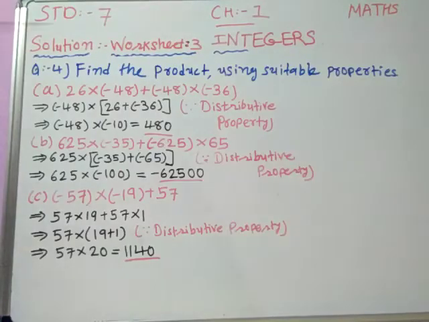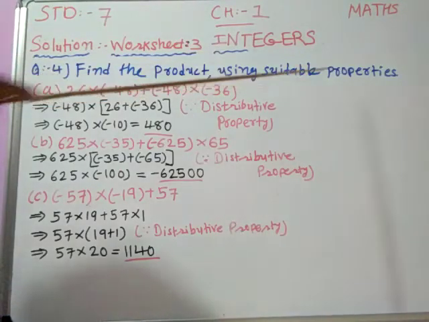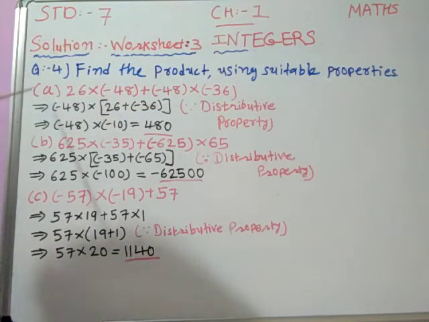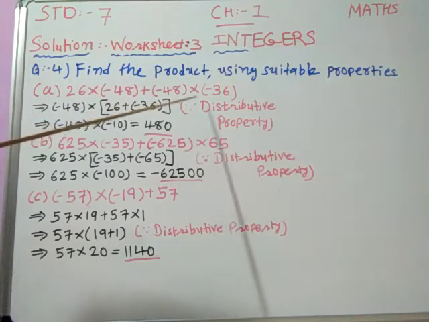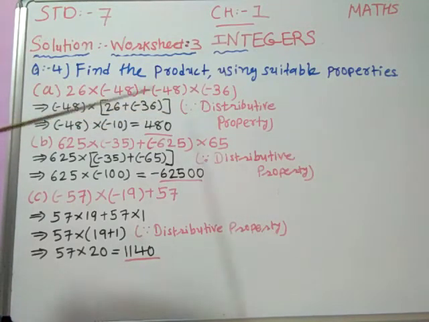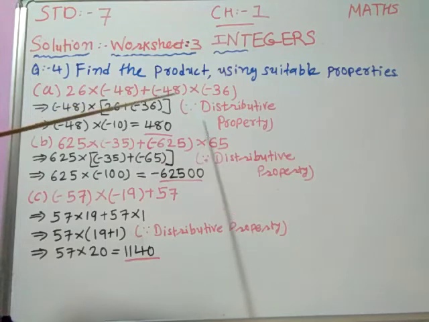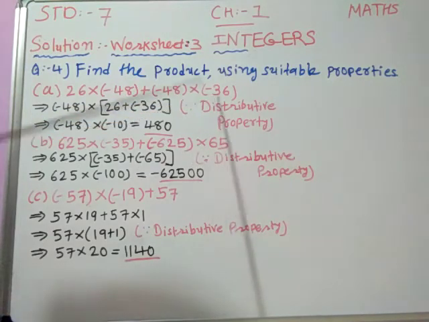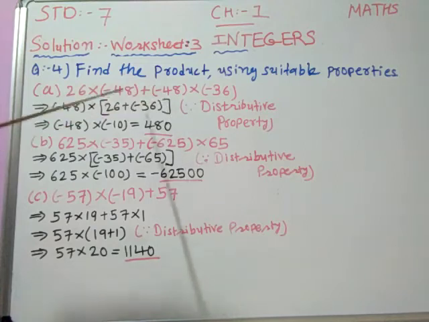Question 4. Find the product using suitable properties. A. 26 multiply minus 48 plus minus 48 multiply minus 36. In this sum there are two terms. First one 26 multiply minus 48. Second term minus 48 multiply minus 36. From these two terms, minus 48 is common.